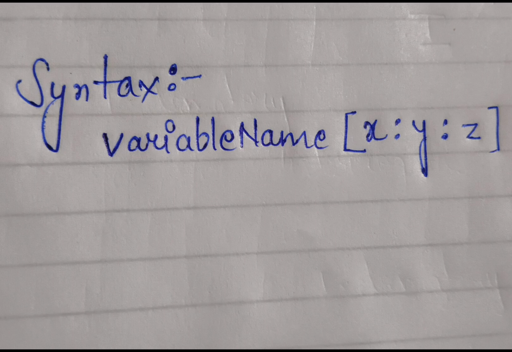The first thing we have to understand is the syntax, that how we do the slicing. First, we have to write the variable name, the variable in which we have stored our string which we want to slice. After the variable name, we use square brackets, and inside the square brackets we give positions. We give positions for the characters we want to access, like from where we want to access and till where we want to access.